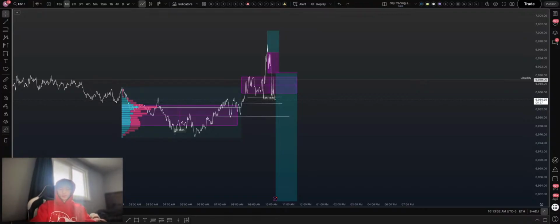The third image shows an anchored VWAP tool. This shows a clear imbalance in price action.